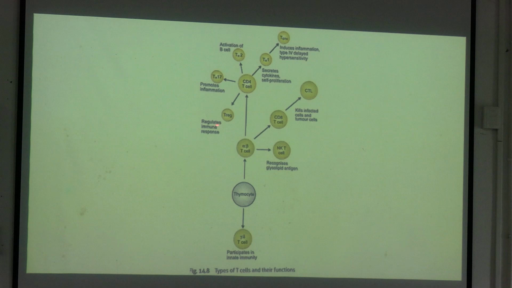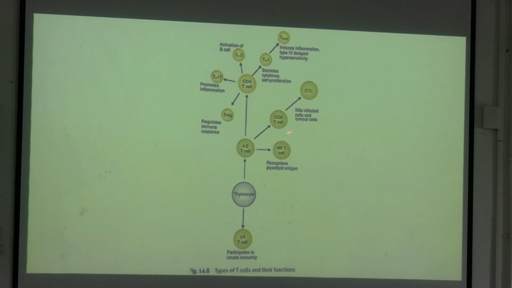What are they? T regulatory cells, which regulate the immune system, and there are certain developments in the TH17, TH2 and TH1. Now TH2 activate the B cell, TH17 promote inflammation, and TH1 are associated with the secretion of cytokines. Okay, so this is very important.